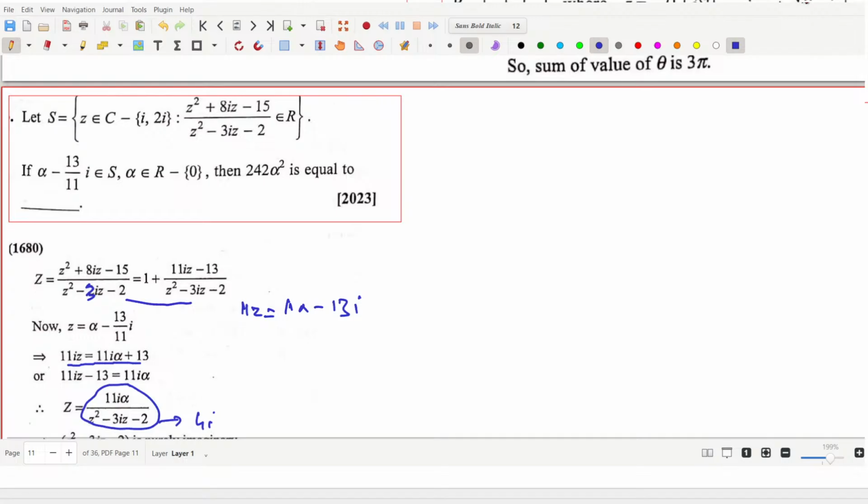That means W2 multiplied with I should give Z2, so W2 should be equal to Z2 by I. That's how you figure out what exactly W2 is.